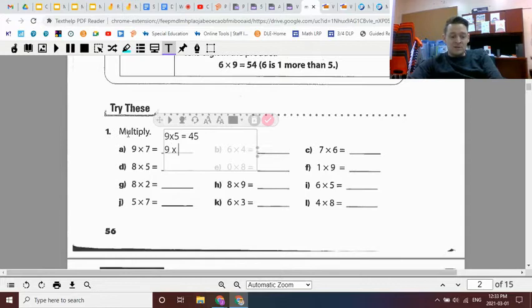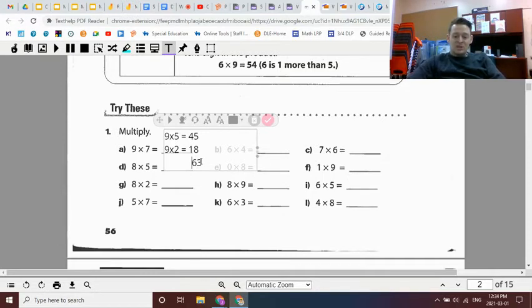Then 9 times 2, because 2 plus 5 is 7. So if we want to figure out the answer to our question, we've got to figure out 9 times 2. What I did was I broke down 7 into 5 and 2. 9 times 5 is 45, 9 times 2 is 18, and then I just need to add them up. 5 plus 8 is going to give me 13, so I'll put the 3 down and carry the 1, and I end up with 63.